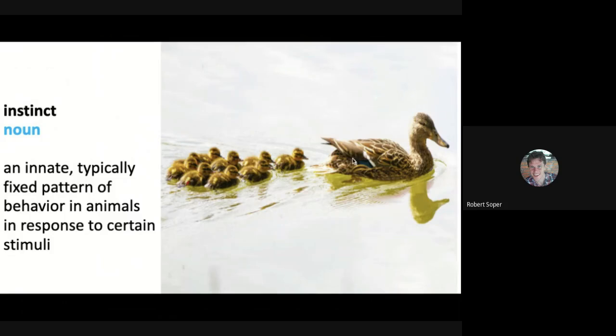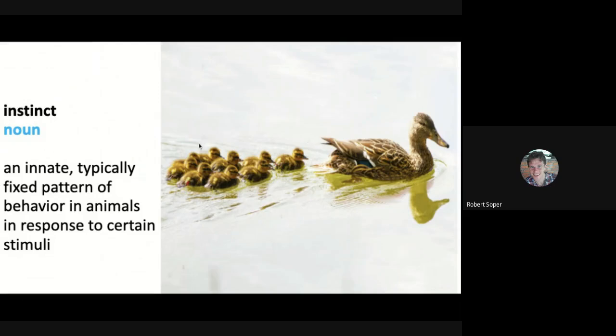So when the duck is born, usually the first thing it sees is its mother. And because it sees its mother, it goes through this process of imprinting. It recognizes, oh, that's my mother. And then its instinct is to follow what it thinks is its mother everywhere. So anywhere this duck moves, these little ducklings will just follow behind.